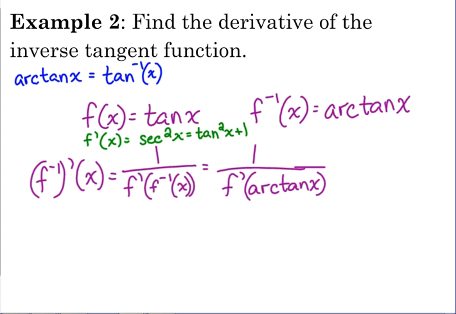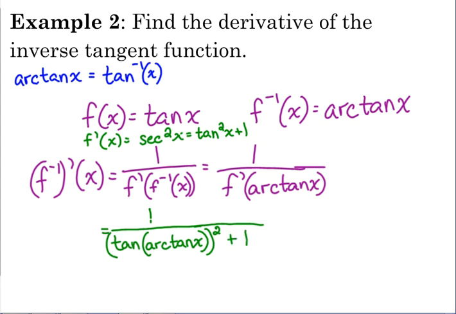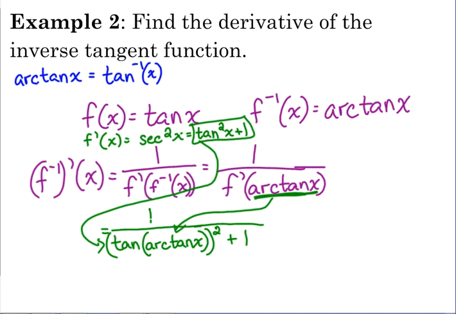So, let's plug this in. 1 over the derivative, which is tangent squared of x plus 1. We replace x with the arctangent, because we're plugging that into the derivative. That expression is squared, and we're adding 1.